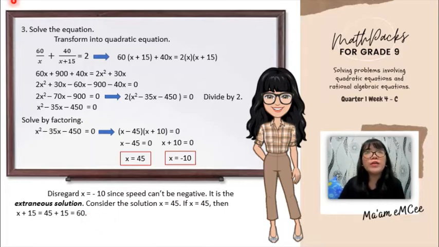So for the first 60 kilometers, nag-travel si Jim using the speed of 45 kilometers per hour. Nag-increase na 15 after na ma-travel ang 60 kilometers. So for the next 40 kilometers, gin-travel Jim used a speed of 60 kilometers per hour. So nag-increase na by 15 kilometers per hour.